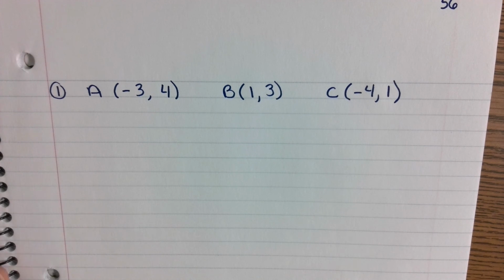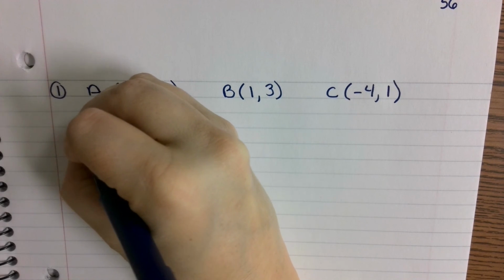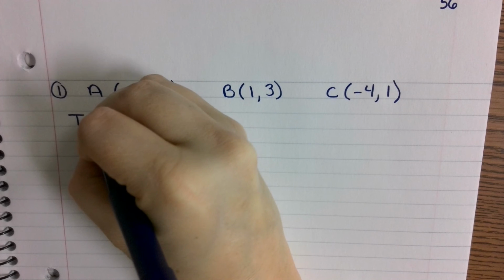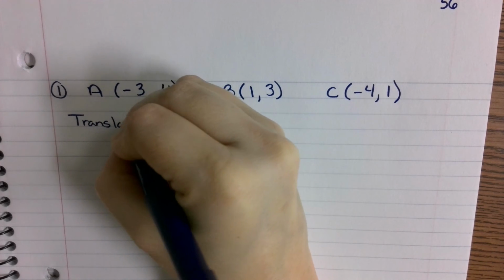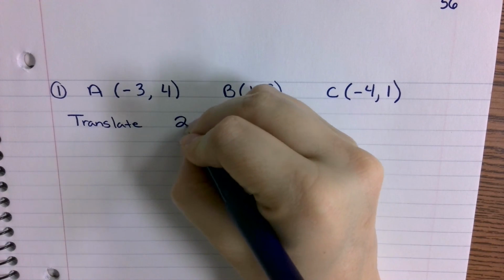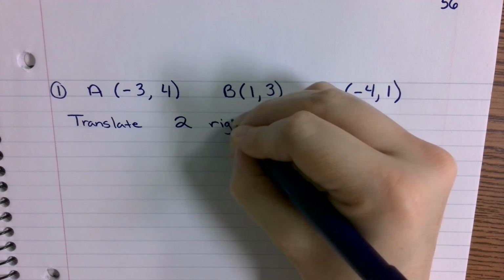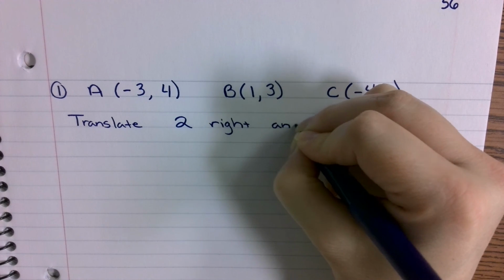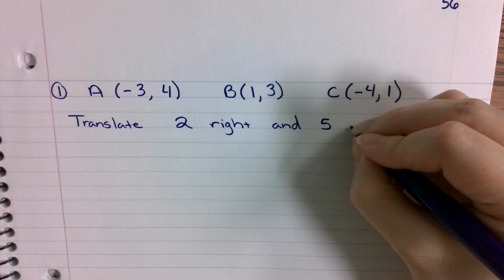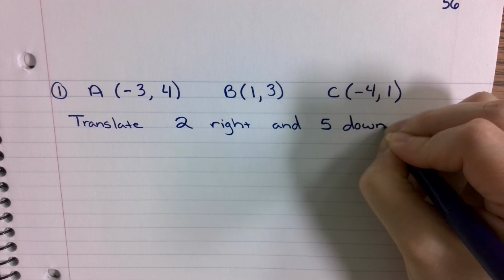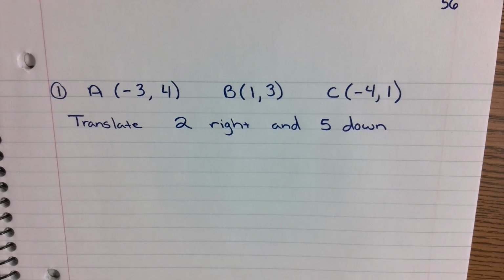And I want to indicate that I'm going to translate 2 to the right and 5 down.